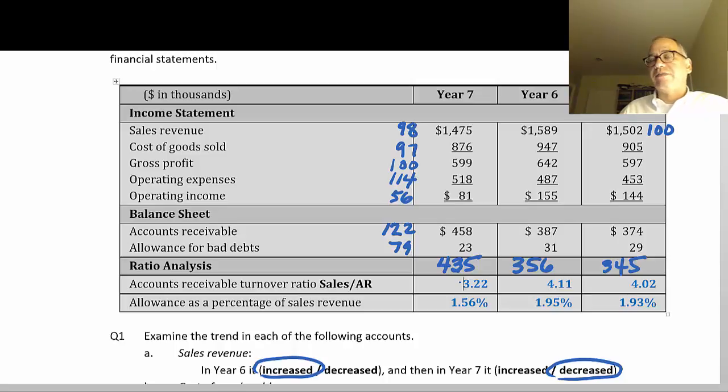It's taking customers more time to pay us for the accounts receivable. And that indicates a problem. That indicates that it's taking customers longer to pay us. That means that maybe we're less likely to get paid.